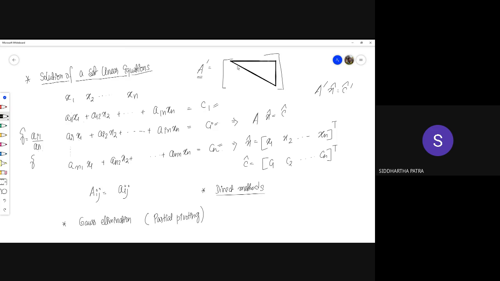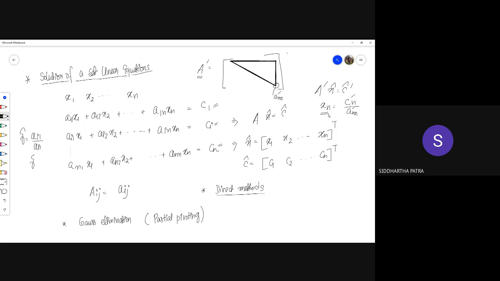That means on the nth equation there is only one term, which is the a prime nn term in the modified matrix. And that way, simply by dividing the modified cn prime by this ann prime, you would have the nth variable.